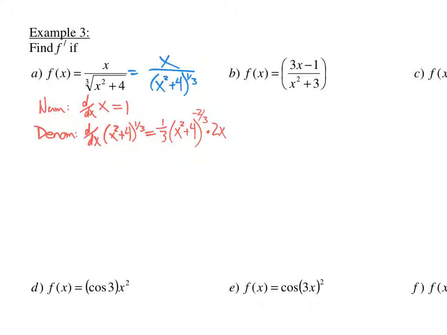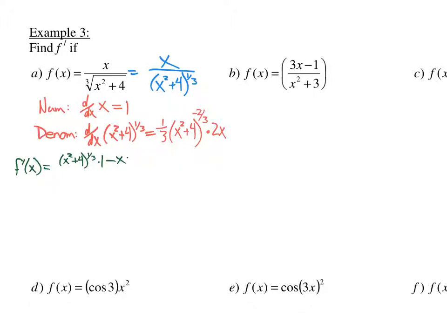All right, now, our quotient rule. This is some good review for us for the quotient rule, okay? We have f prime of x equals low, so the x squared plus 4 to the 1/3 power times the derivative of the top, which is 1, minus the top times the derivative of the bottom.